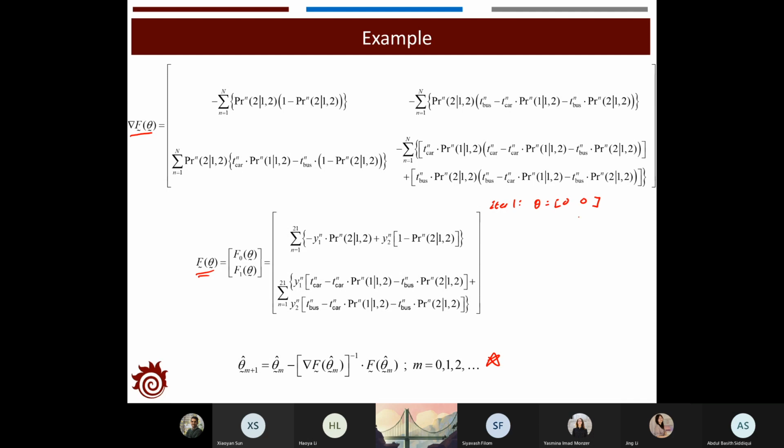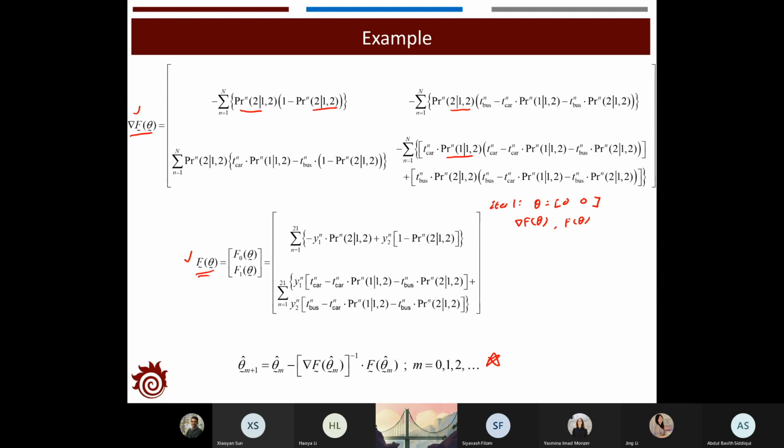And if you apply theta as 0, 0 to these two equations, you can calculate the probability. You can calculate the probability of choosing mode 1, choosing car and choosing bus, based on the travel time and the dummy variable, which means that you can find out the derivative of F(θ) and F(θ).